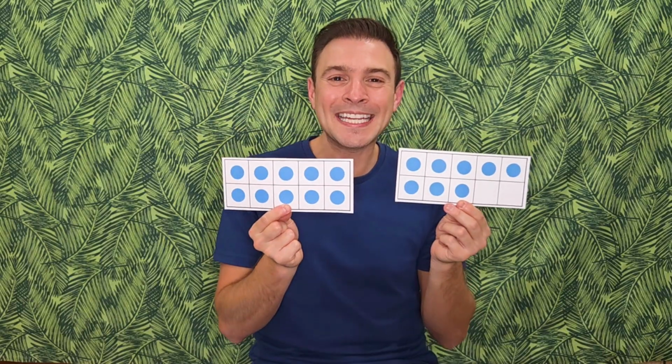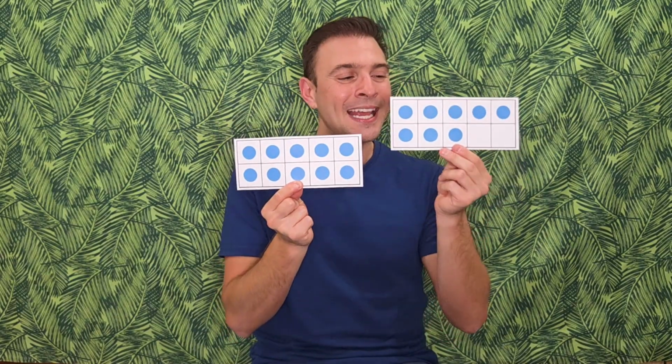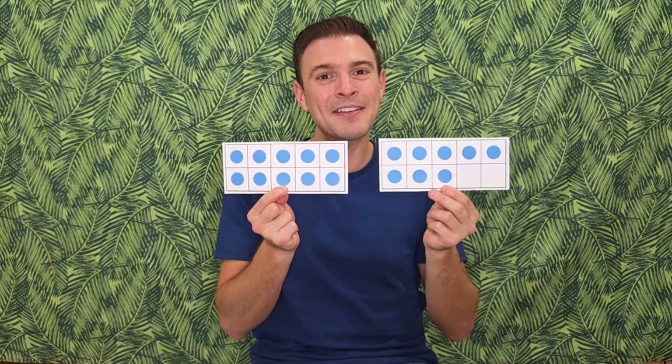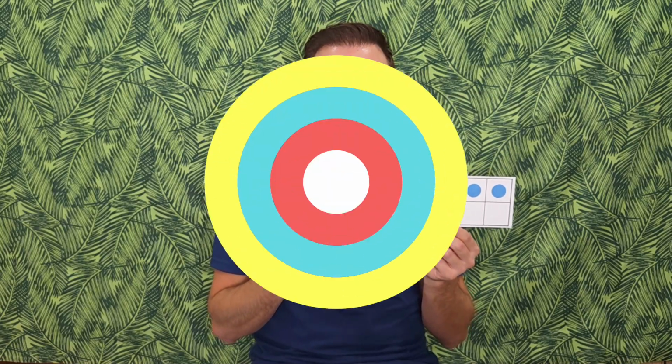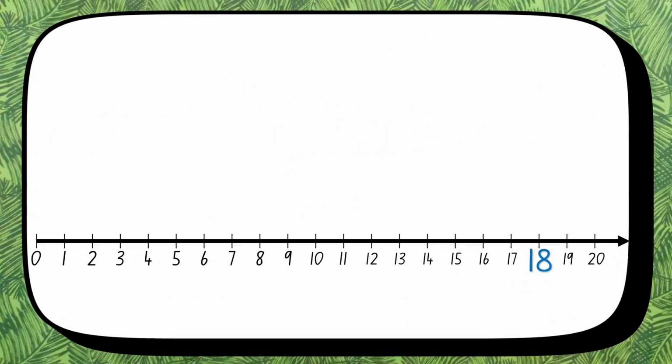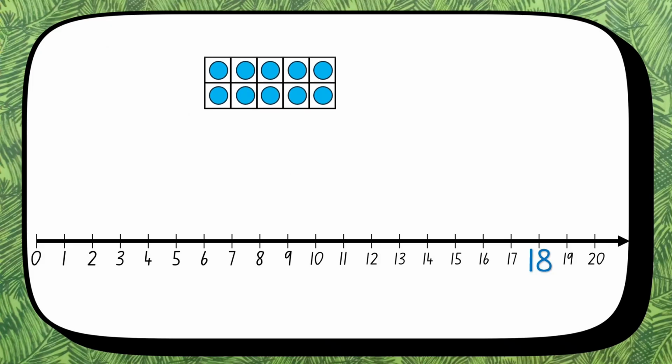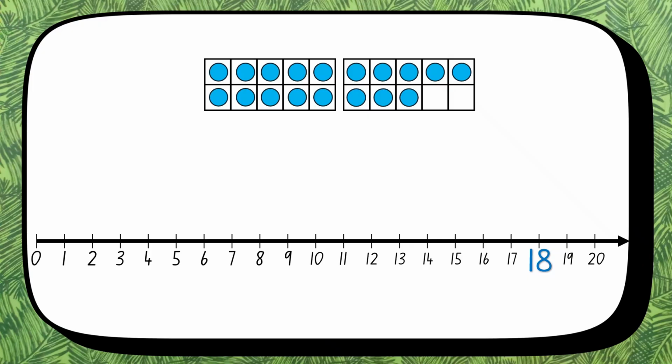Well, now that we know that 18 is one group of 10 and 8 more, let's have another look at our number line. Let's use a faster way to reach 18 without counting by ones. We know that 18 is 10 and 8 more. So let's start with one big jump to 10.